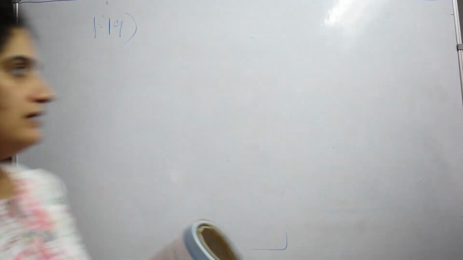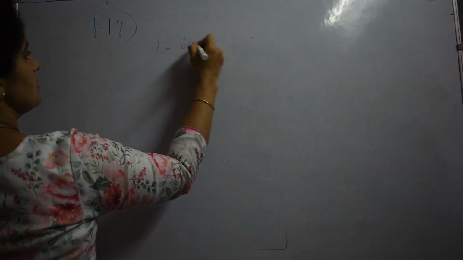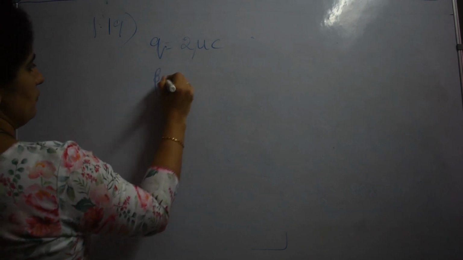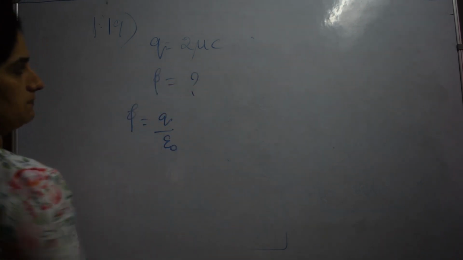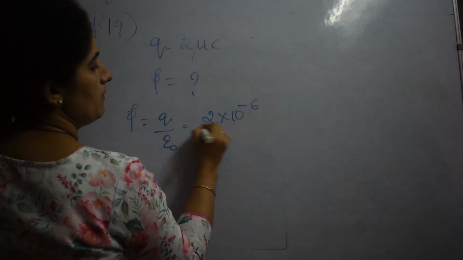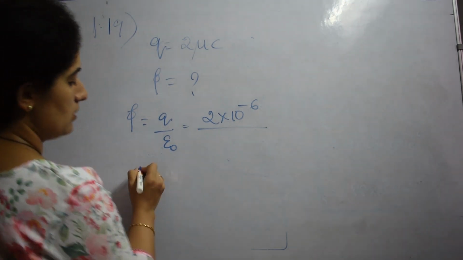Okay. So point charge of 2 microcoulomb, Q is 2 microcoulomb, and you have to calculate the net electric flux. So phi is equal to Q by epsilon naught. Substitute that. 2 into micro is 10 to the power minus 6, and epsilon naught. What will you substitute for epsilon naught?